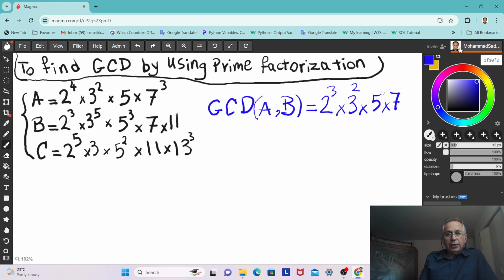We can ignore writing the exponent of 1. So the greatest common divisor between A and B is 2 to the 3 times 3 to the 2 times 5 times 7. If you calculate this, that would be 2,520.